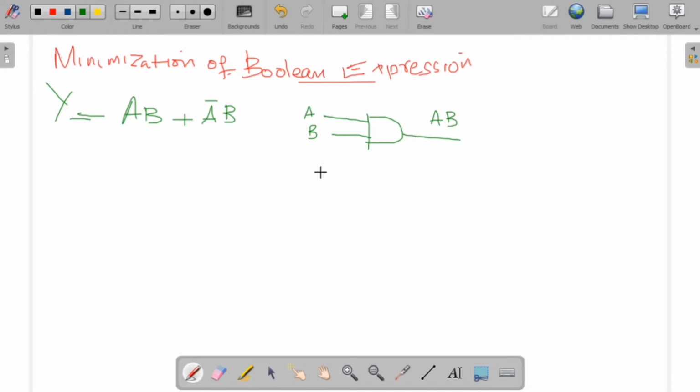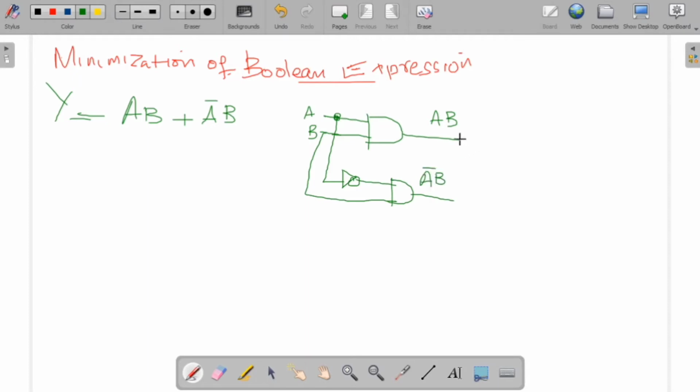So first term is realized. Second term is a bar b. So I can take a connection from here, and coming like this, give a NOT gate, take an input. Another connection you can take from b. Use another AND gate and take this. So this is nothing but a bar b.